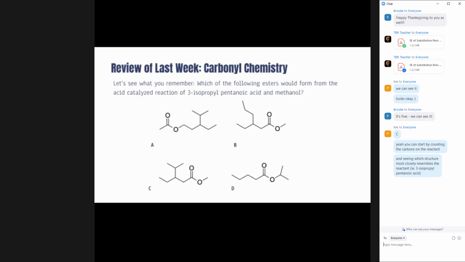And seeing which structure most closely resembles the reactant, i.e. 3-isopropyl pentanoic acid. And then add the methanol, which is +1 carbon. Yeah, that's perfect. That is a great way to look at it.